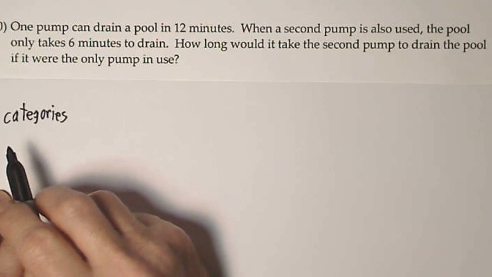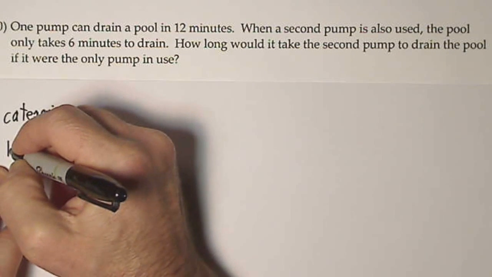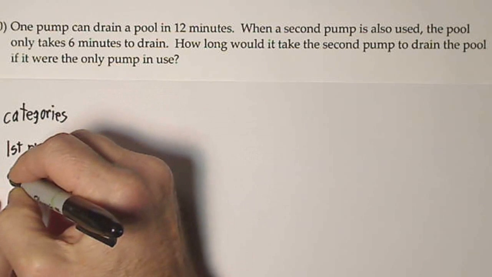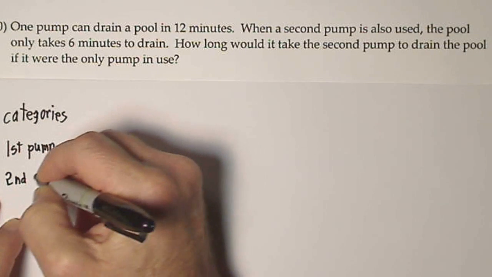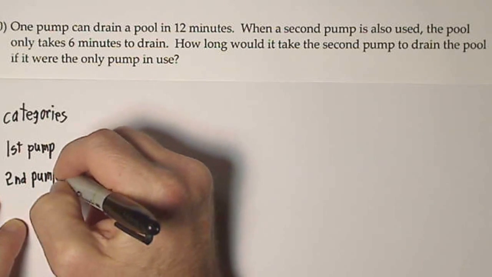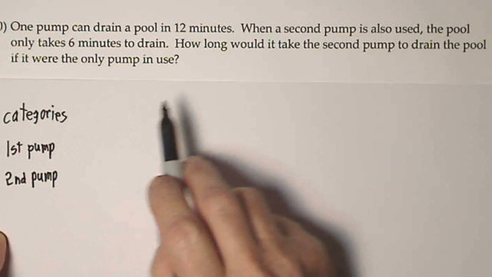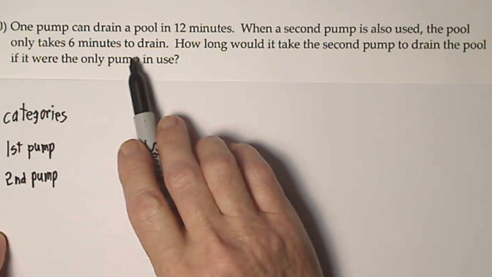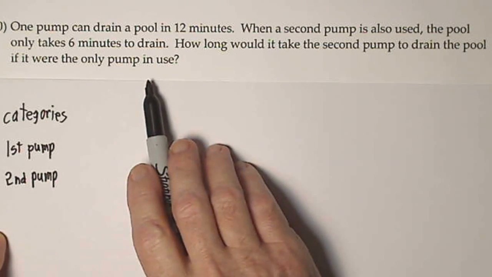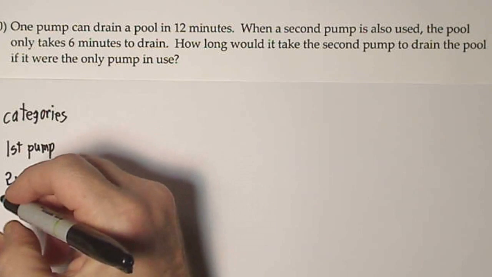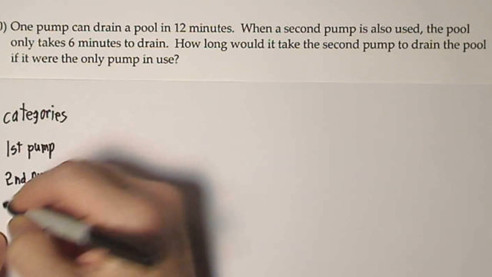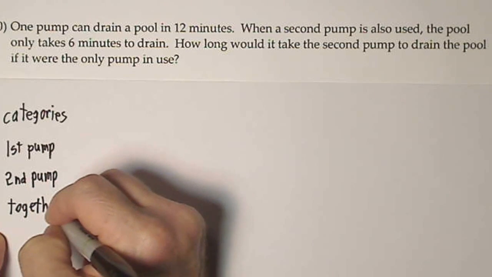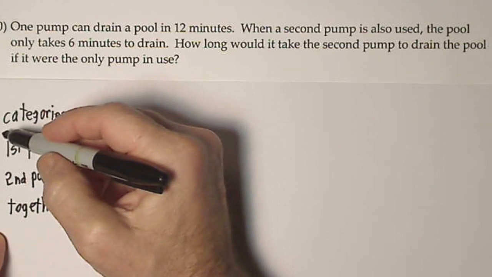So let's see, we have first pump, second pump, and also, when a second pump is used, it only takes 6 minutes. How long would it take the second pump to drain the pool? Okay, so sometimes they use them together. I'll just use the word together. All right, but we end up with 3 categories here.